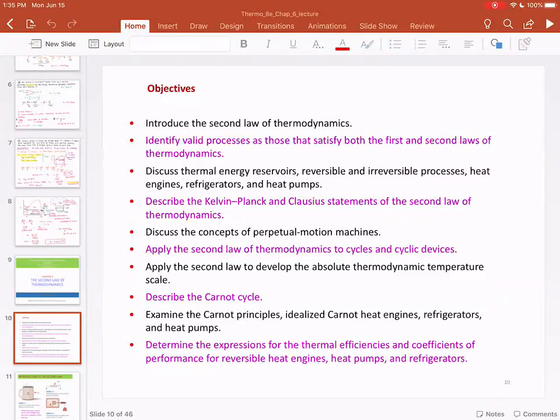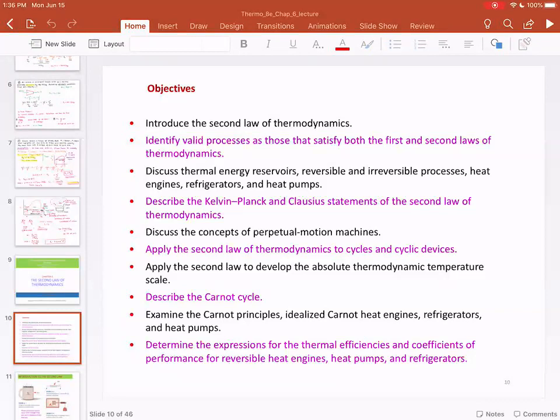So now we are going to talk about something called the Carnot cycle or Carnot refrigerator. This is purely a thought exercise, and that talks about a hypothetical heat engine, or a hypothetical refrigerator that works in between two temperature ranges. And we will work out a few problems based on the Carnot cycle.